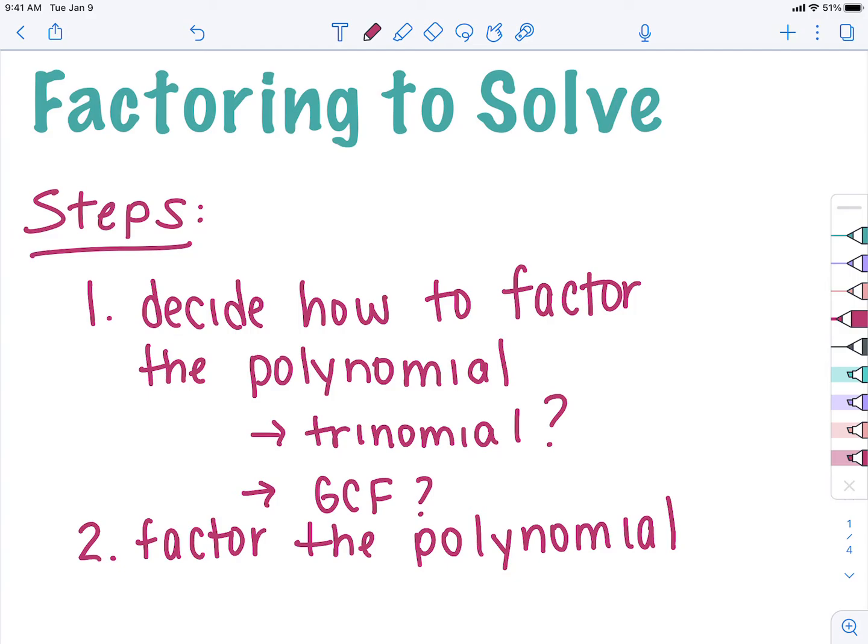And after we factor, we're going to take each factor, set them equal to 0, and solve them. So it's like we're going to get 2 equations to solve in one after we factor.